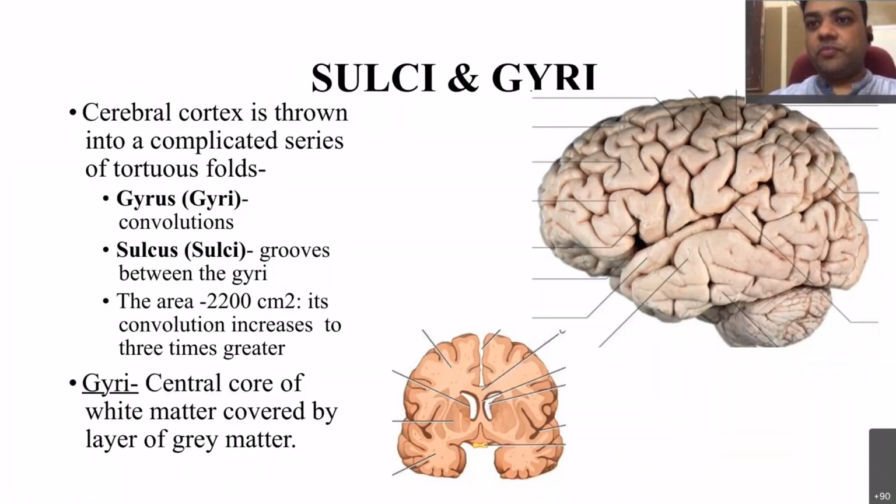Fine. So the total area of the cerebral hemisphere, due to this folding, becomes 2200 square centimeters. The folding increases its surface 3 times. Got it? That is the reason, to accommodate more and more area within a smaller cranial cavity.